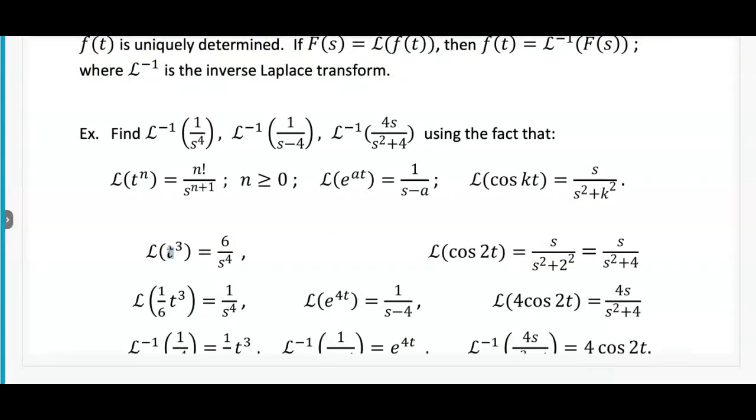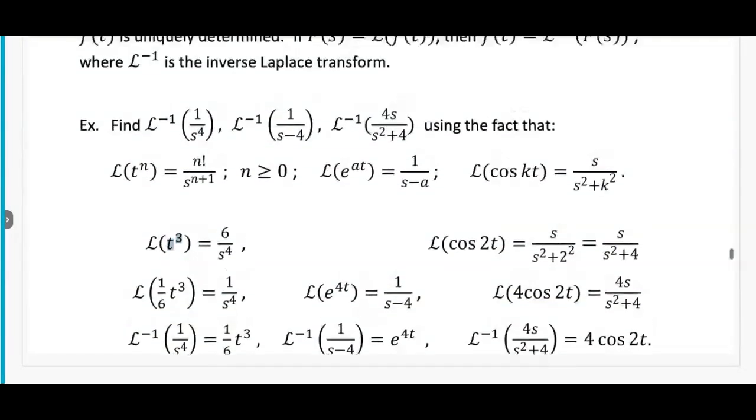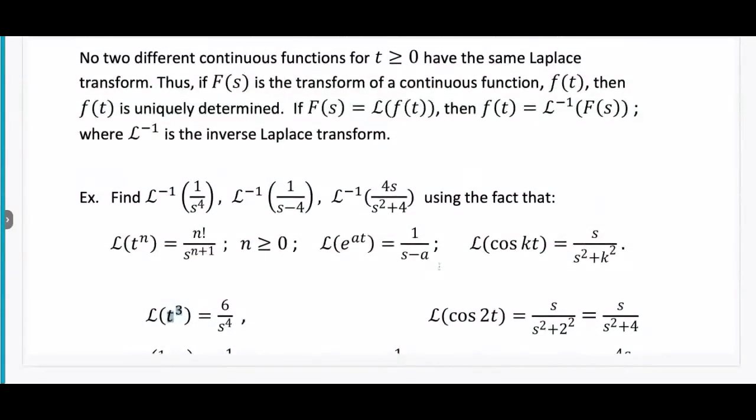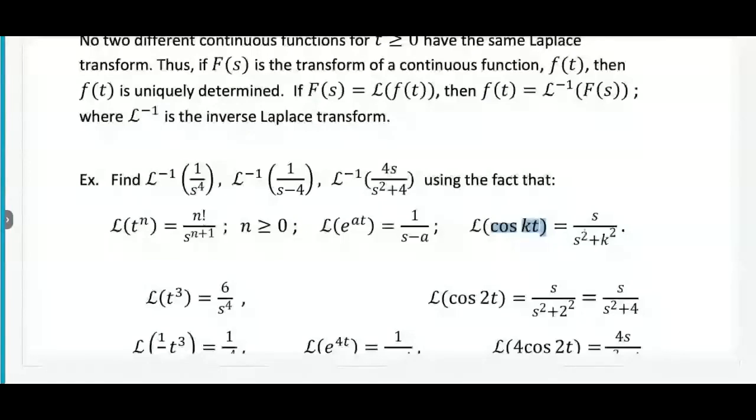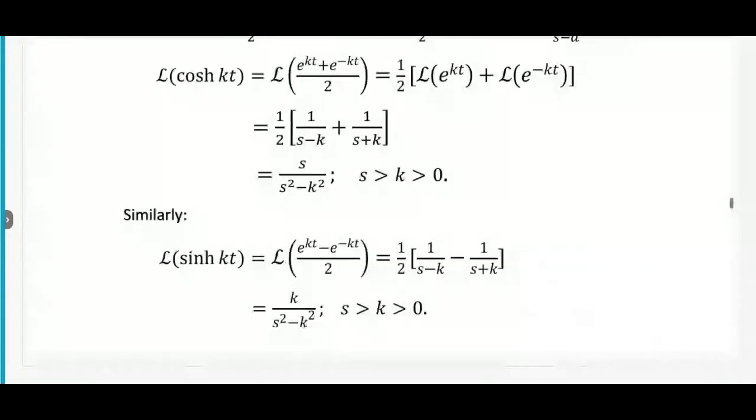Laplace transform of t to the n equals n factorial divided by s to the n plus 1. Laplace transforms cosine kt into s over s squared plus k squared, and sine kt into k divided by s squared plus k squared. At least these transformations.